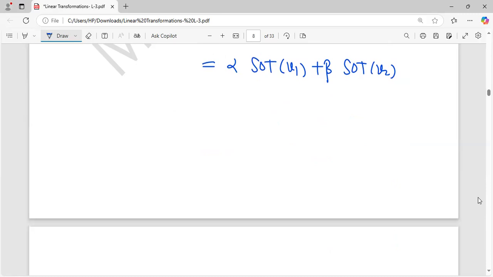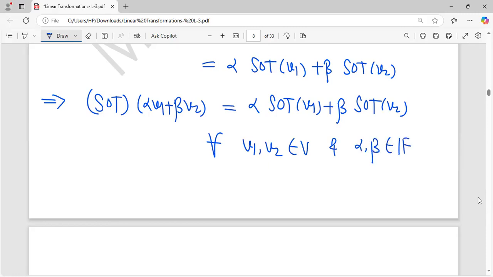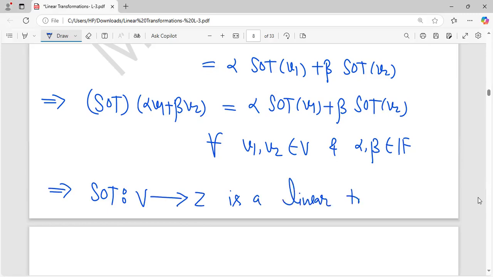So we have S composed T (alpha v1 + beta v2) is equal to alpha S composed T(v1) + beta S composed T(v2), for all v1, v2 belonging to V and alpha, beta belonging to F. So this implies S composed T from V to Z is a linear transformation.